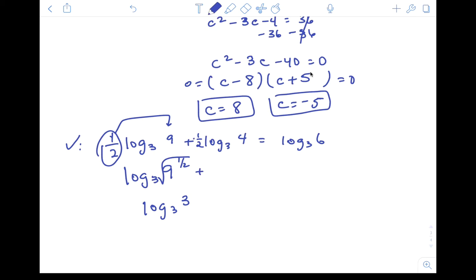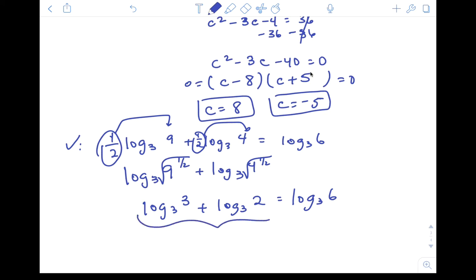And in here, this 1/2 goes up there. So we've got log base 3 of 4 to the 1/2, which is really the square root of 4. The square root of 4 is 2. And then we have log base 3 of 6. Check it out. When you condense them back to one logarithm, you have to multiply, and 3 times 2 is 6.